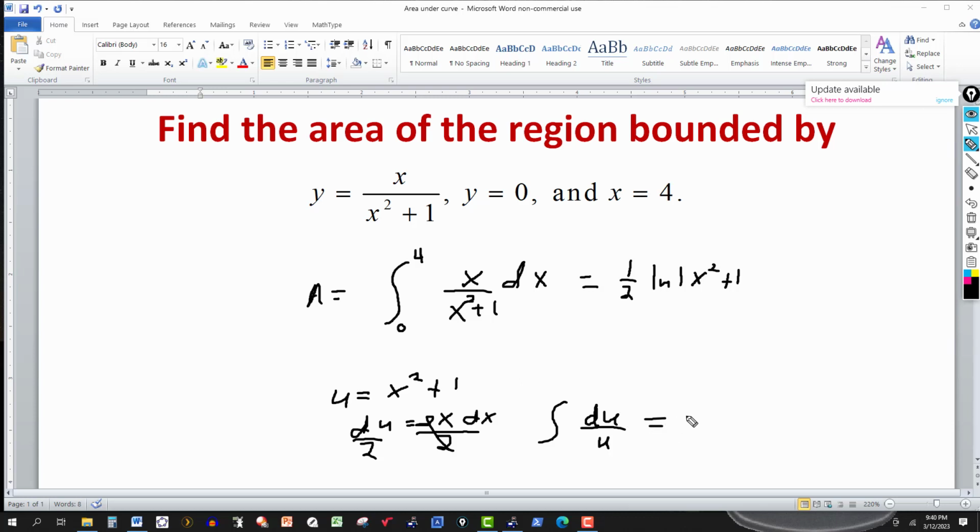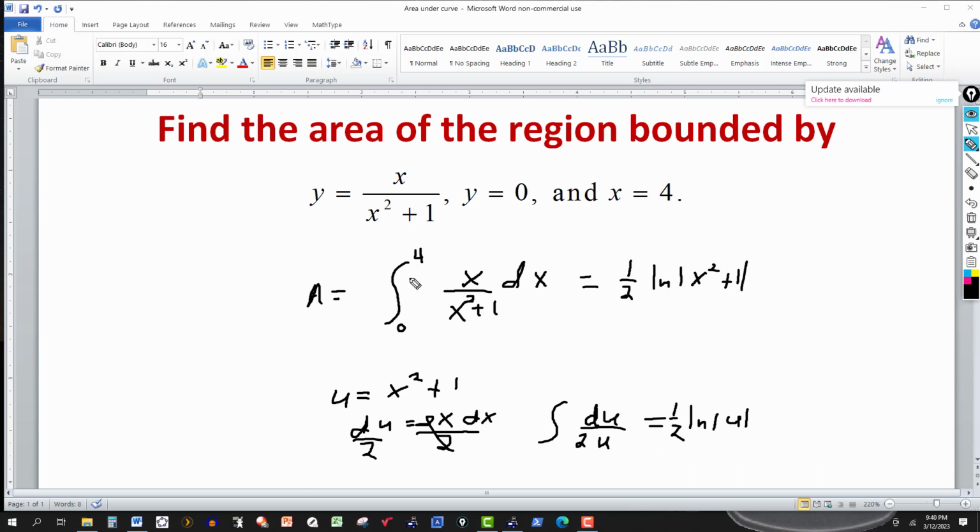The antiderivative, or the integral of this, is ln of absolute value of u. And then replacing the u by x squared plus 1, we get the same thing we got here. And of course here we have the 2 because x dx is replaced by du over 2. I just put the 2 down here and then of course this will go here.